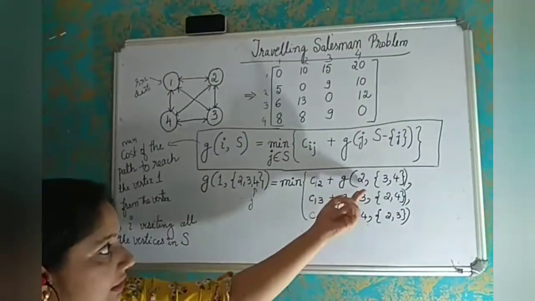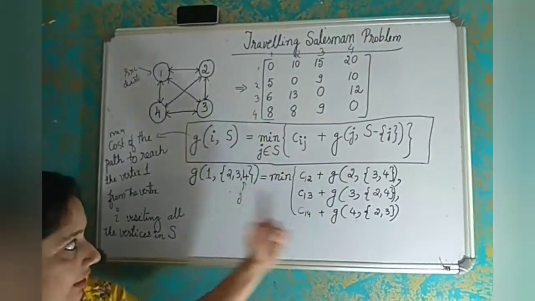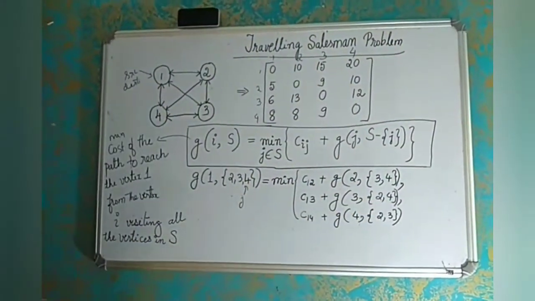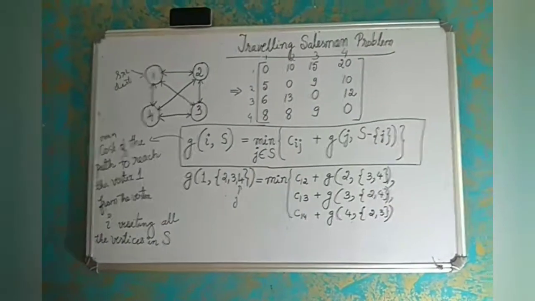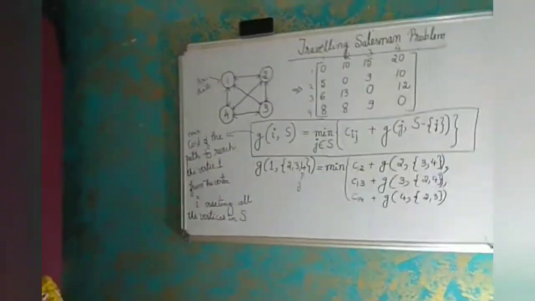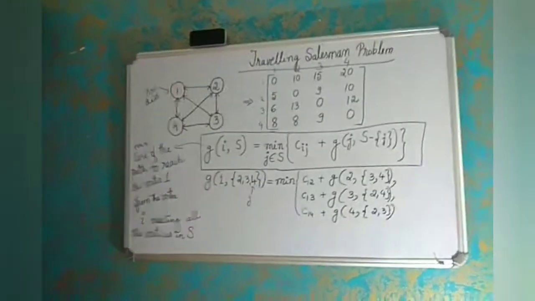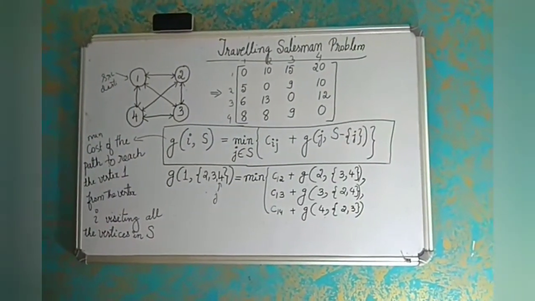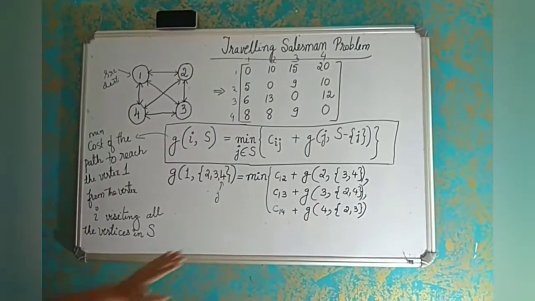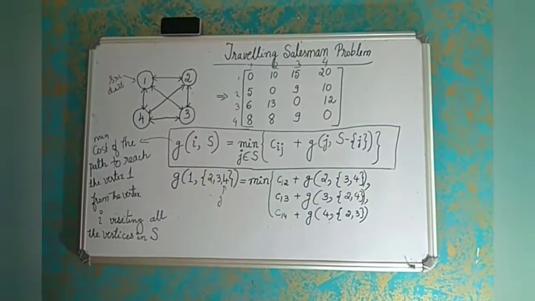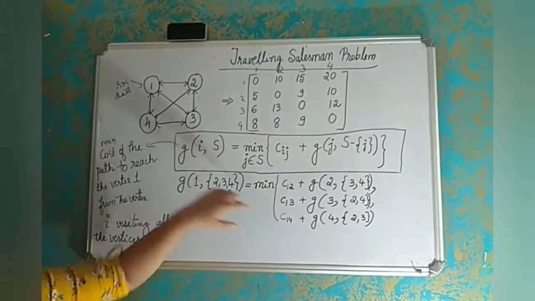When you expand all of these terms using this formula, again you will have G terms that may not have a direct solution, so you need to expand until you get some term for which you can directly give the solution from the graph. That is one method of solving the problem. But here we are not following that method. We are not expanding like this.